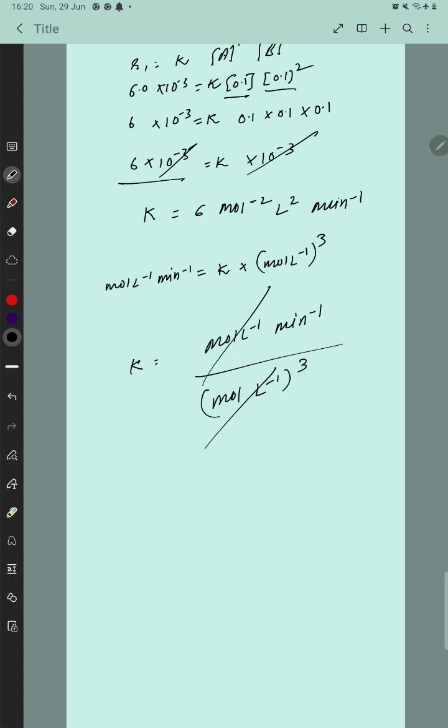The 1 cancels out, so K is equal to mole power minus 2 liter square minute inverse.